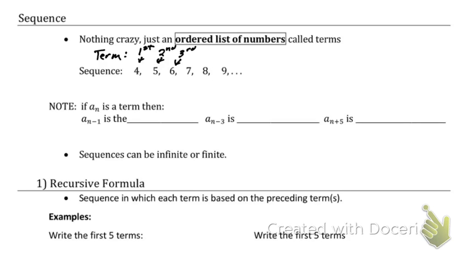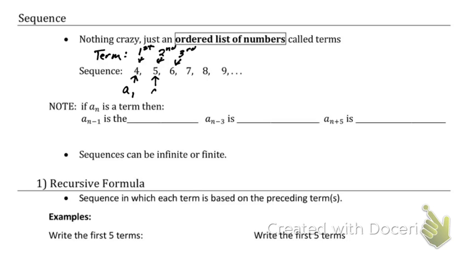So with sequences, we use something called A sub n. A sub n takes the place of saying first term, second term, third term. A sub n tells you what position in your sequence you're talking about. So if I say this is my first term, rather than saying my first term, we are going to denote that as A sub 1. A sub 1 just means it's the first term in that sequence.